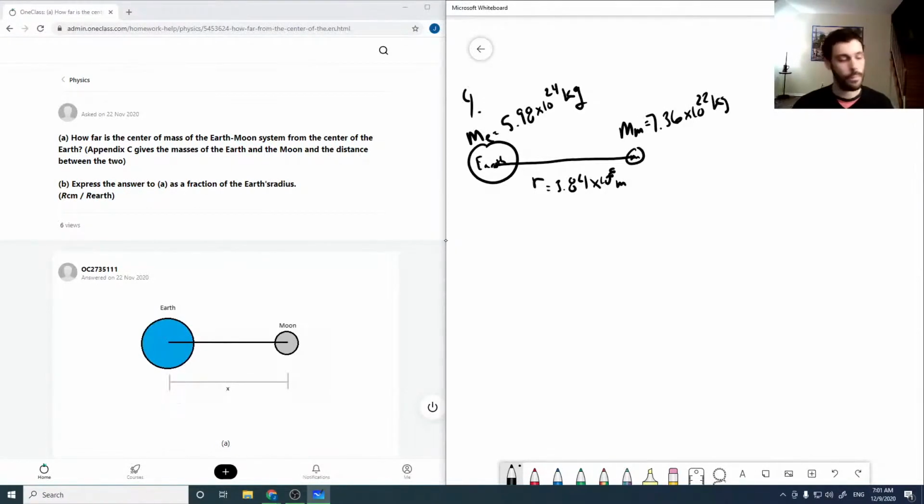So first of all, our center of mass is just equal to the sum over our masses times the individual radii over the sum of our masses.